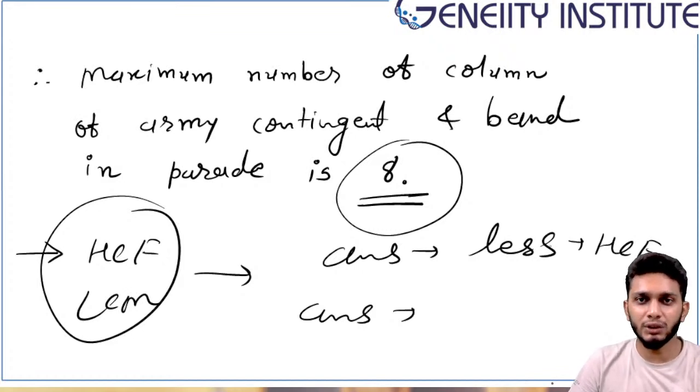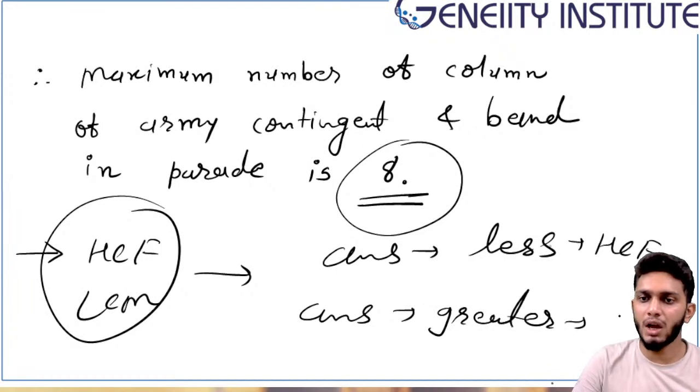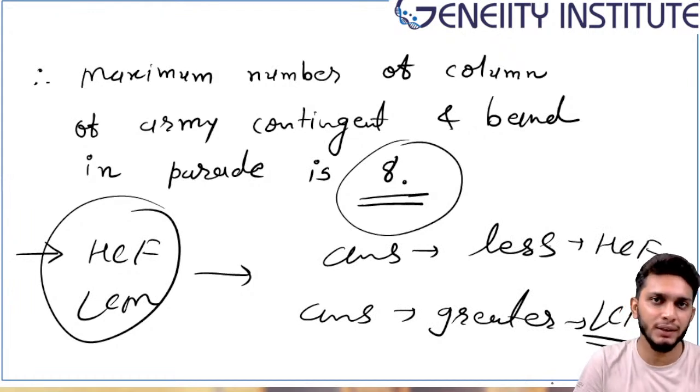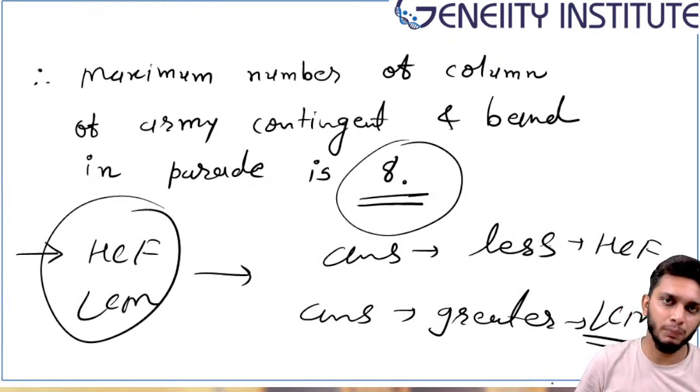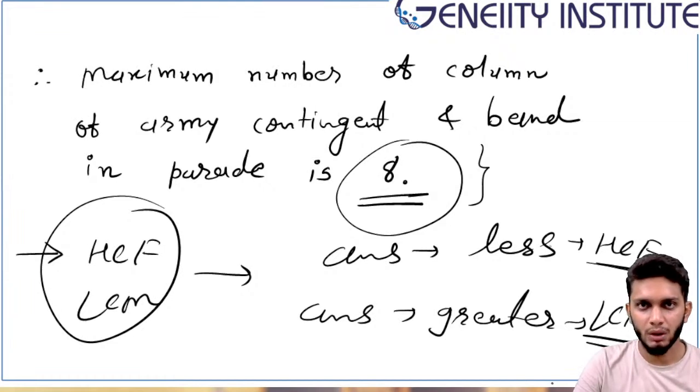And when your answer is greater than the number given in question, जब greater हो गए, at that time you will find LCM. अगर किसी को पता ना चले कि भाई HCF फाइंड करना है या LCM फाइंड करना है, सिंपल, आपको पता है भाई आर्मी बैंड में जो कॉलम है, number of column is always less than the number of member. So at that time you will find HCF.